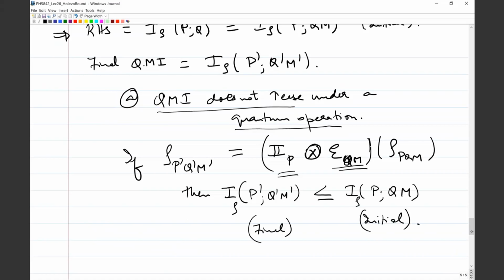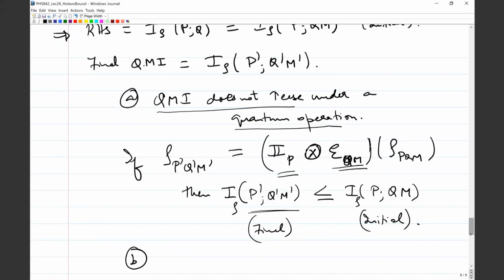What is the second property that we will need? So how do we go from here to what you actually have on the left-hand side of Holevo? You have to trace out one of the systems. Which is the system you trace out? Q. You have to trace out the Q prime, right?